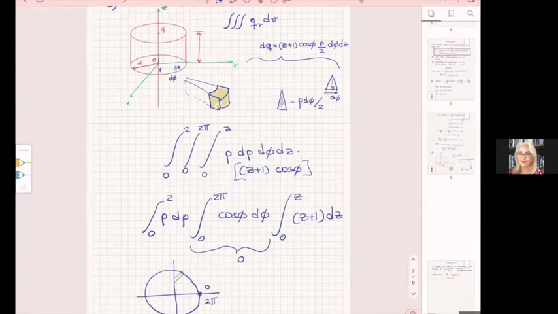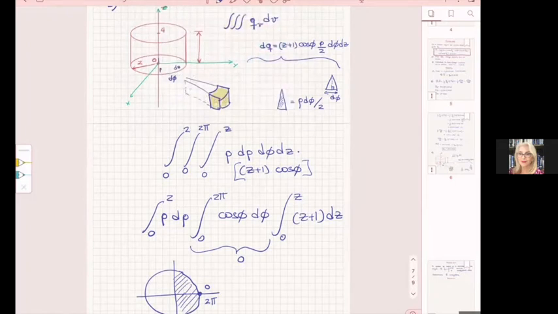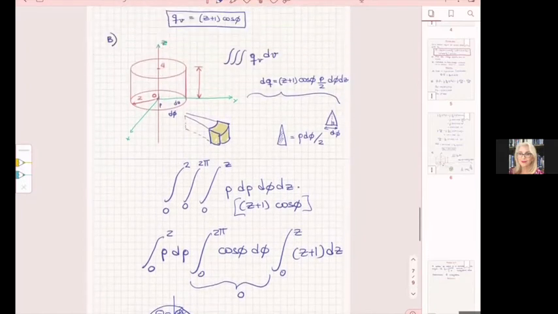Cosine is positive here and there, but on the other part, it's going to be negative. So it's different in every area, but when you integrate the whole thing is 0. That's why it comes to be 0, and it's the correct result.